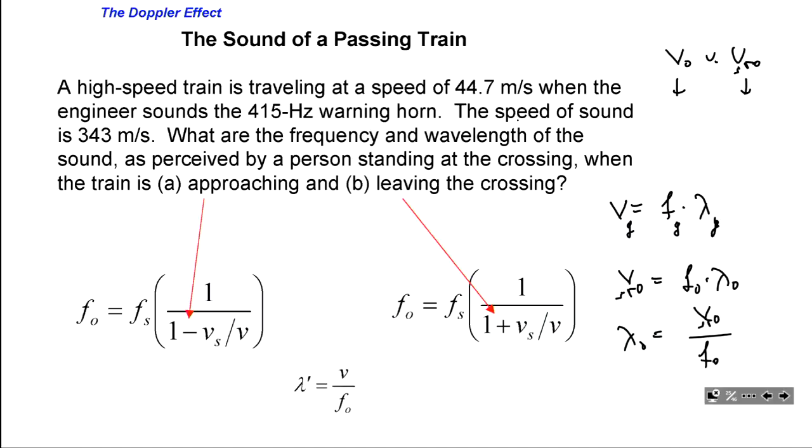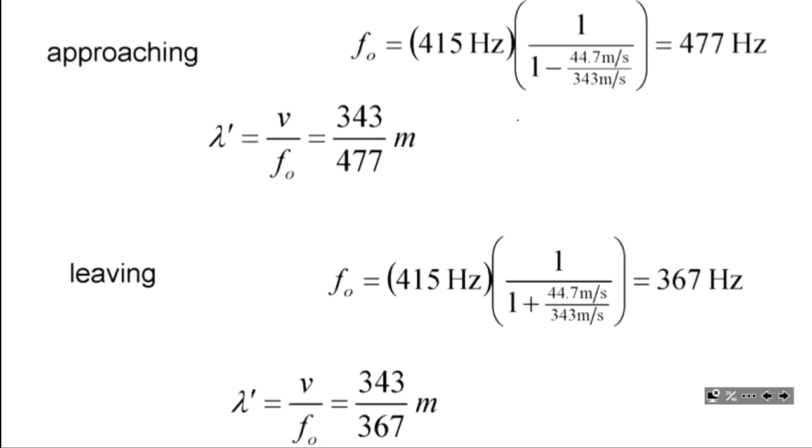But when the observer is at rest, those are different. When the observer is at rest, when this is 0, the speed of the sound relative to the ground and the speed of the sound relative to the observer are the same number. So this is how we get the wavelength.